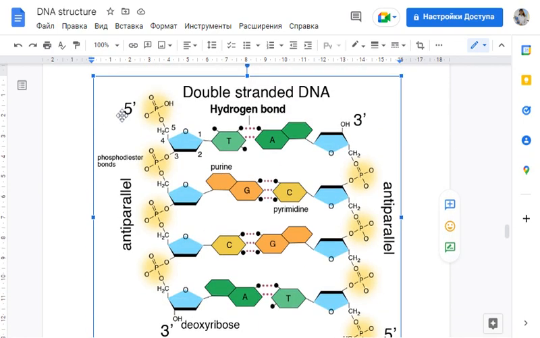One goes from 5 prime to 3 prime, the other goes from 3 prime to 5 prime, as you can see, and they are bound by phosphodiester bonds. The bases bind to each other in the middle with weak bonds in order to be able to melt afterwards. Between thymine and adenine, we have two hydrogen bonds. Between guanine and cytosine, three hydrogen bonds.